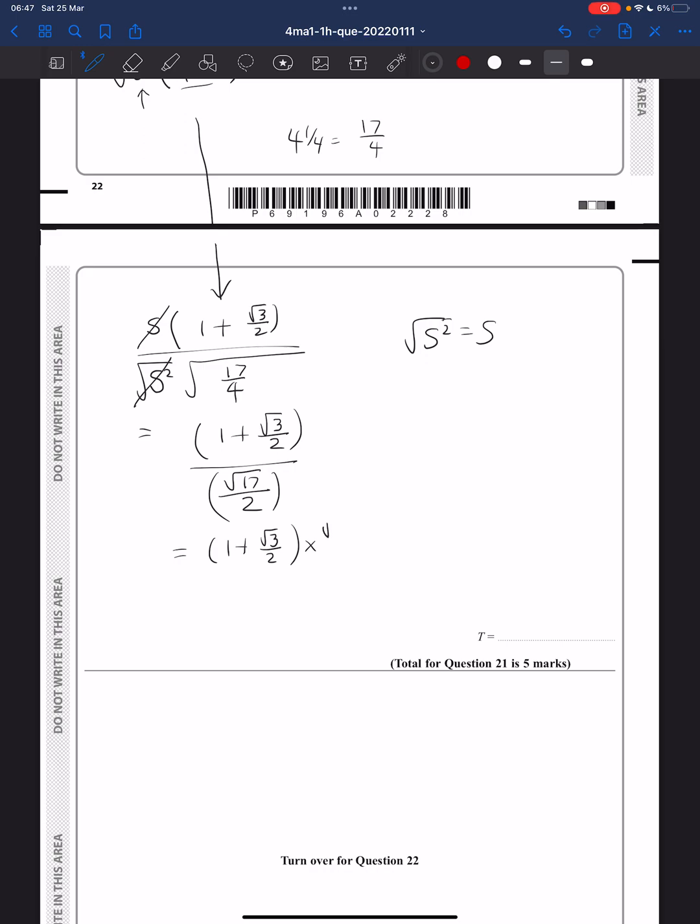So it's times root 17 over 2. Okay, so this is root 17 over 2, 1 times root 17 over 2 is there, and then it's plus, and then root 3 times root 17 is root 51, and 2 times 2 is 4.